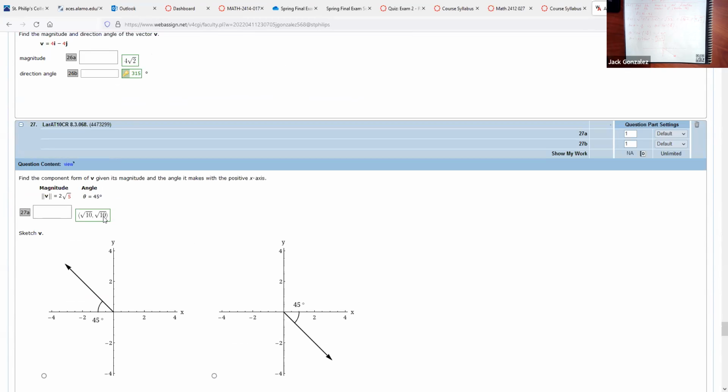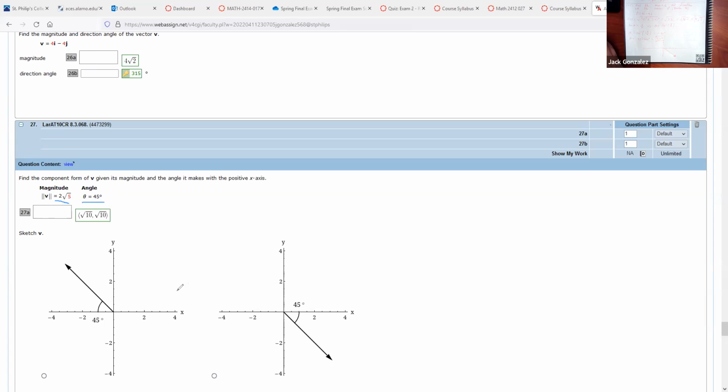All right, last thing. Something that you're going to see a lot in engineering and physics is decomposing a vector into components of magnitude and direction. So notice right here on this question, they gave us the magnitude and they gave us an angle.